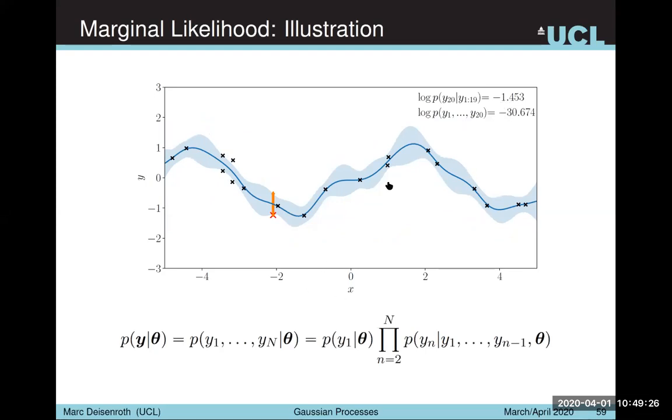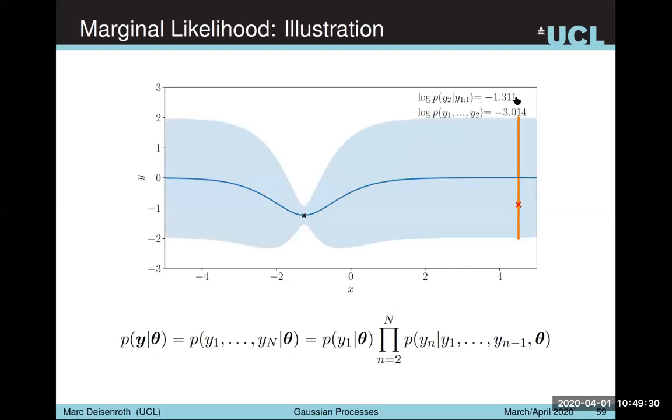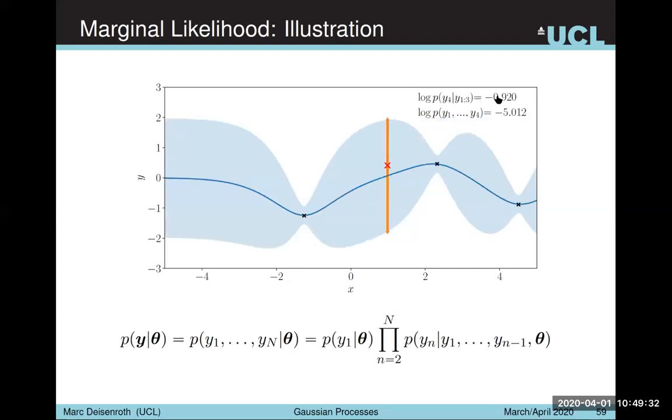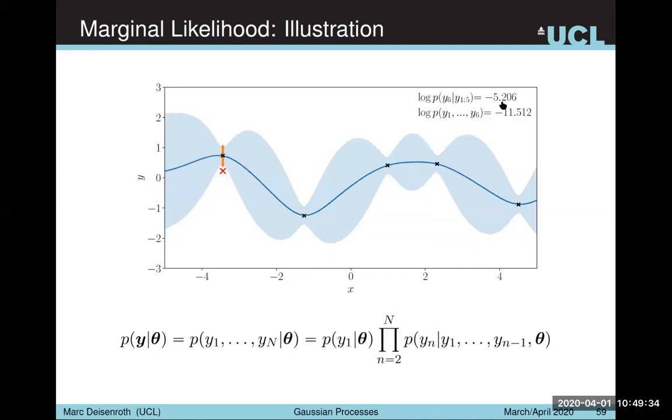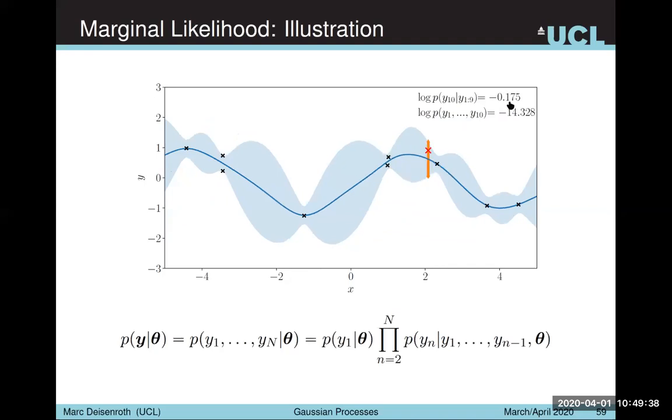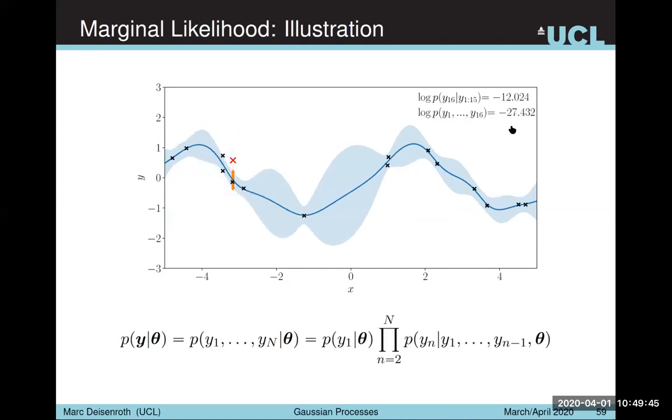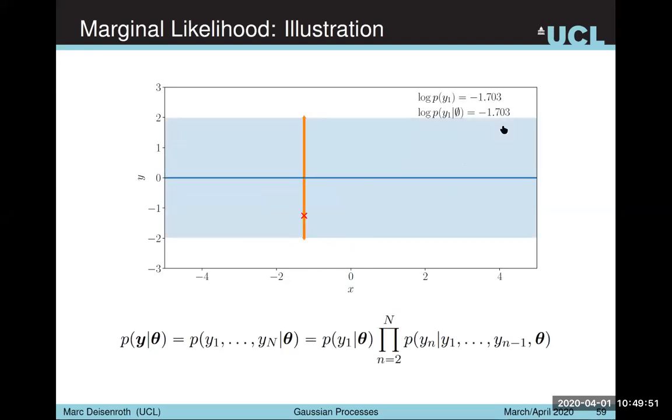Unfortunately, I don't have tools to actually stop the animation, but if you compare these values up here, then some of these values, there was a -5 something, that was a value that was pretty bad because the red cross was far outside the orange bar. And there's also a value -12.